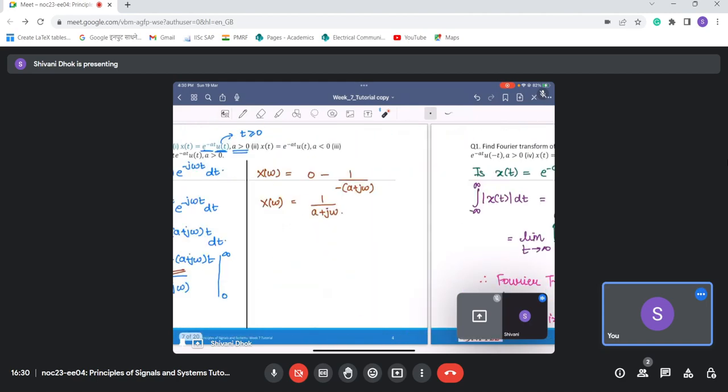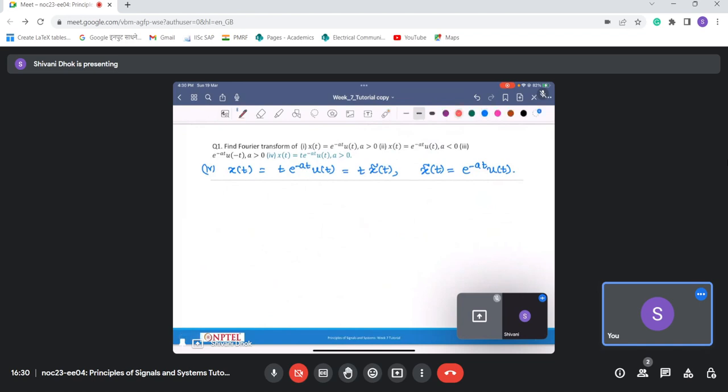So the property that we have currently is differentiation in frequency domain, and the property is minus j t x(t) is equal to d by d omega of X of omega.